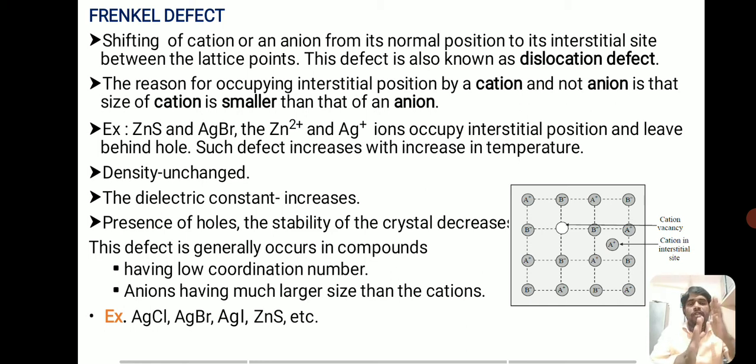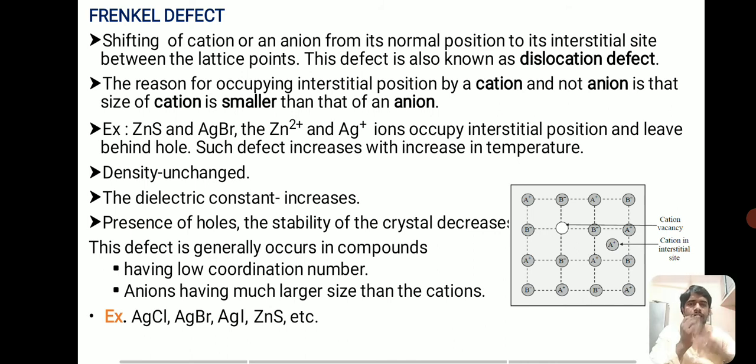In zinc sulfide and silver bromide, the Zn2+ and Ag+ ions occupy interstitial positions and leave behind a hole. Such defect increases with increase in temperature.